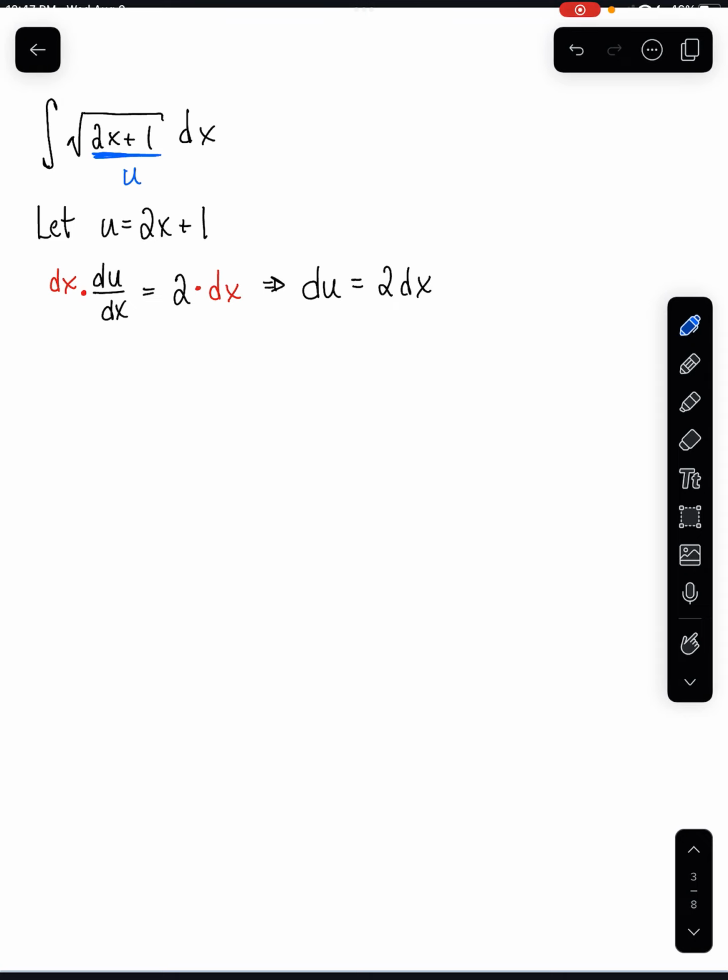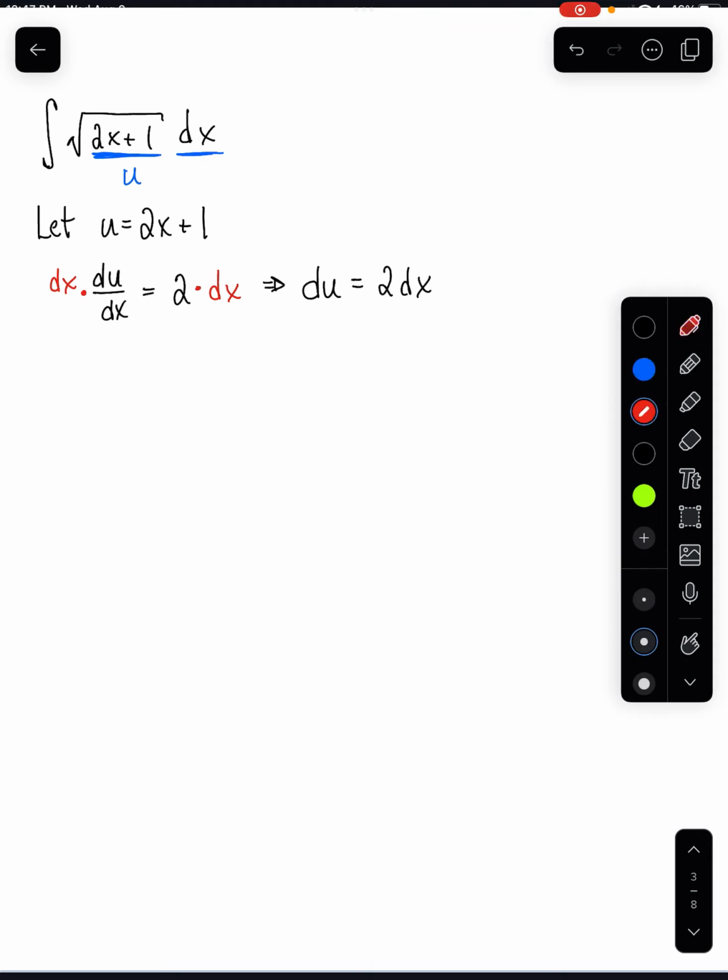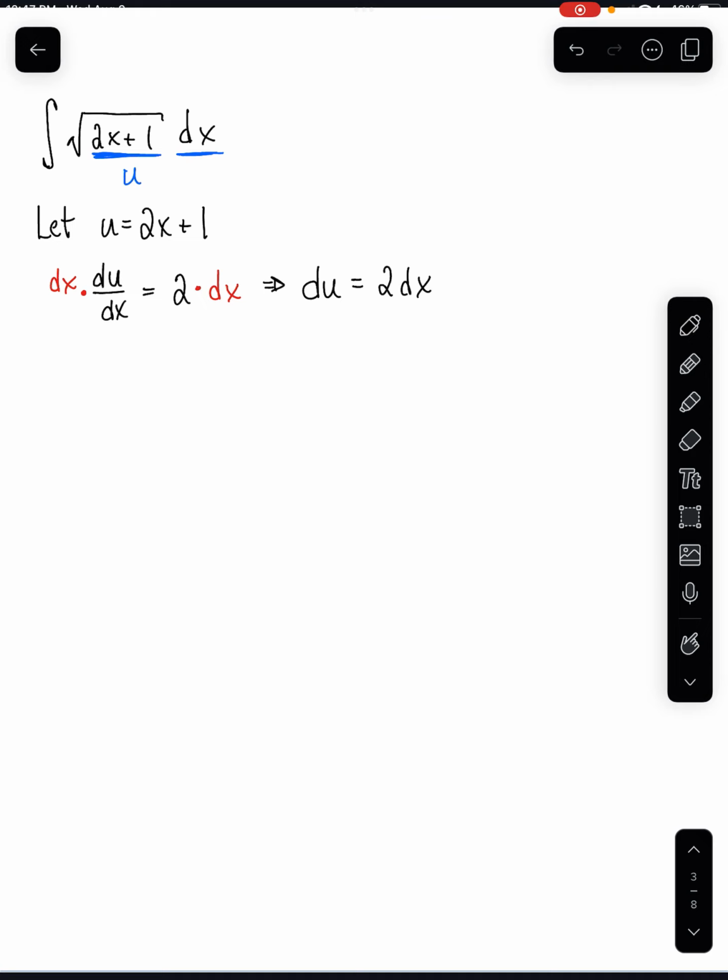Now, what we did in the previous example was we had the 2x and dx both get replaced by du. The problem here is that we have a dx, but I don't see a times 2 in there. Well, that's actually not a problem. The basic idea of using these statements is that everything on the side with the x is going to come out, and everything on the side with the u is going to go in.